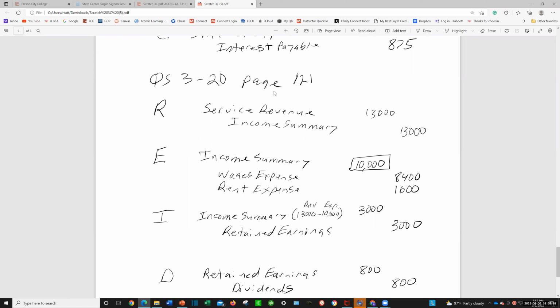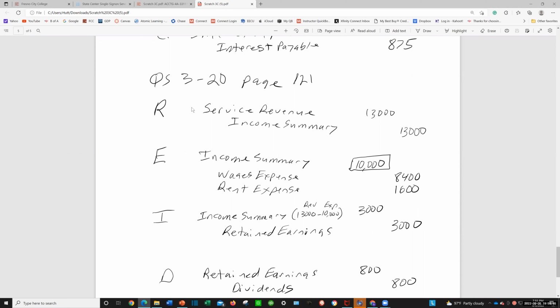I'm going to look on page 121 and do quick study 3-20, the first one up there. Okay, notice that we're going to be looking for R, revenues, E, expenses, then I, income summary, and D, dividends.